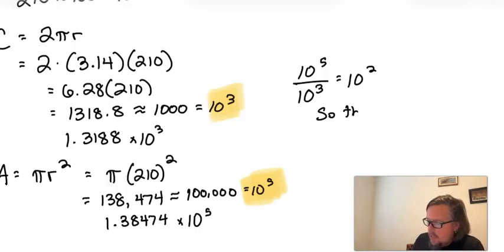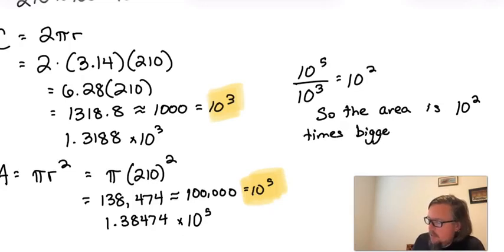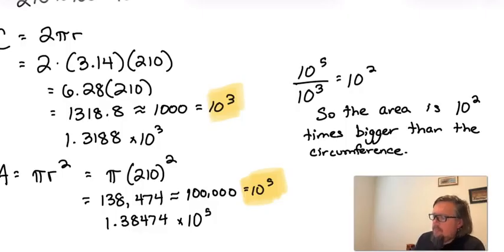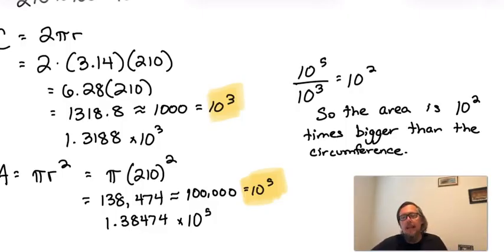So the area is 10 squared times bigger than the circumference. And that's how we do order of magnitude problems.